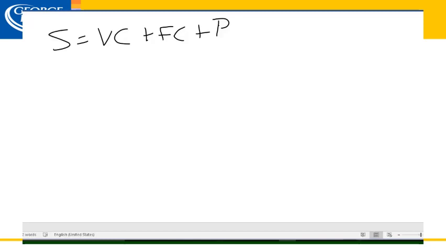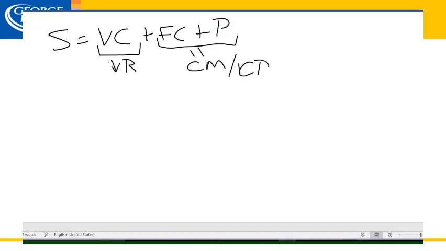So when we're talking contribution margin, we're really talking about our fixed costs and our profit. That equals our contribution margin. When we're talking about our variable rate and our variable costs, that is obviously our variable costs, or even our contribution rate.